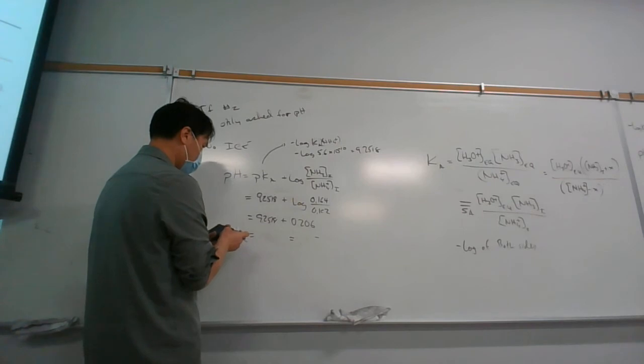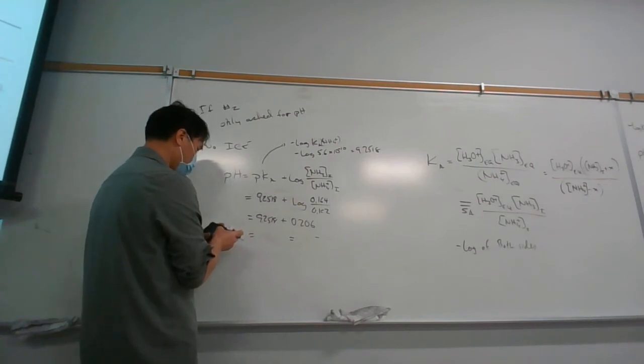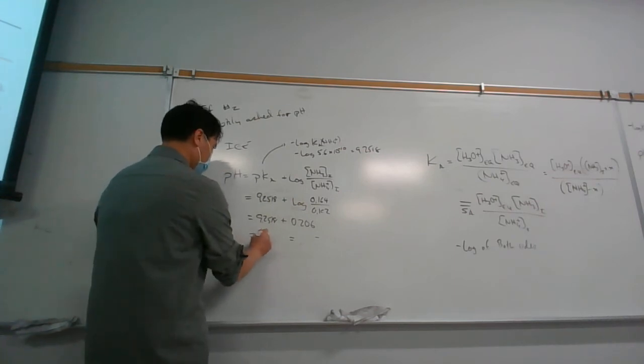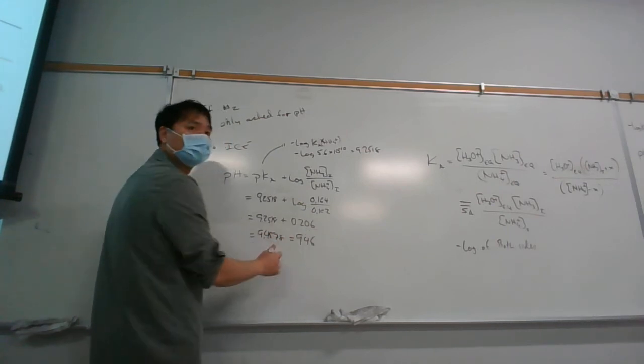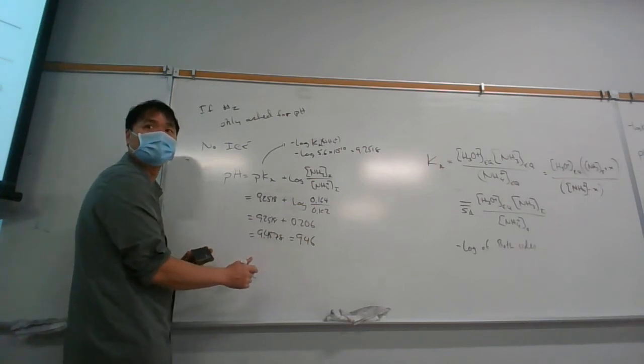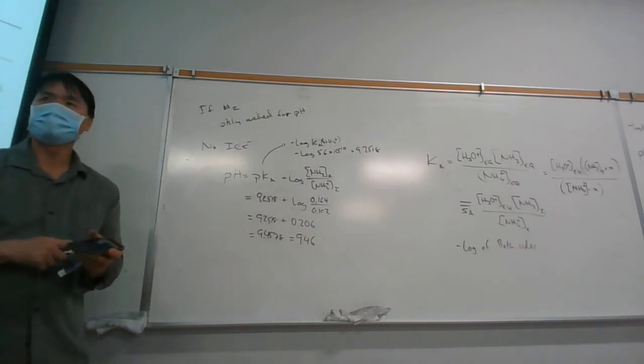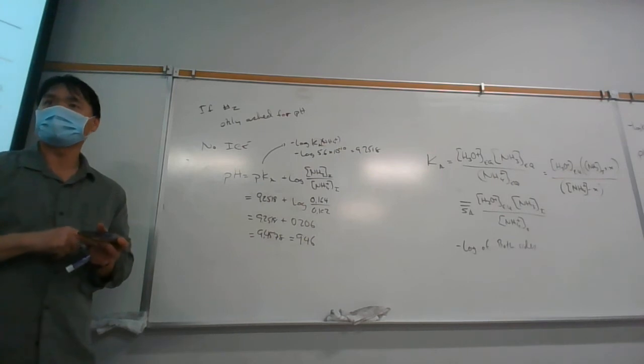Let's see what the calculation is. 9.25 plus 0.206 is 9.4578, which gives us a pH of 9.46. Is that what we got earlier? Yeah, that's what we got earlier. And earlier we had to do the ICE table and all that stuff. In this case, we don't.